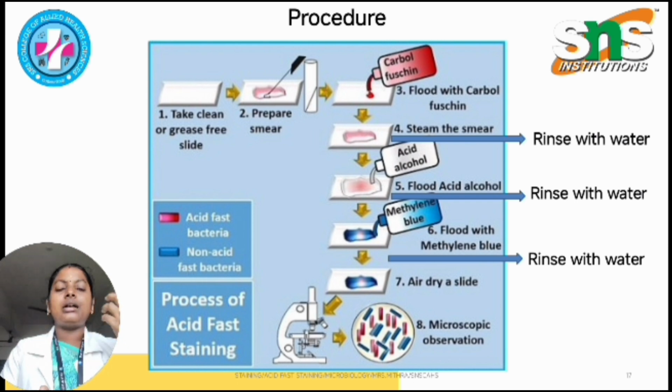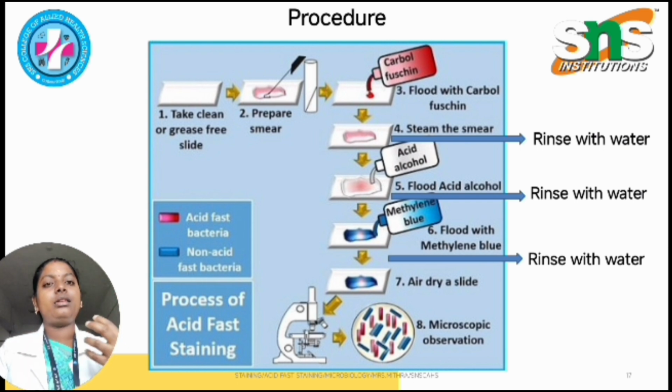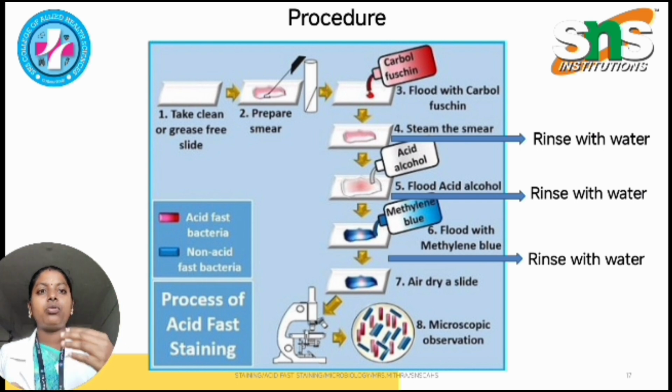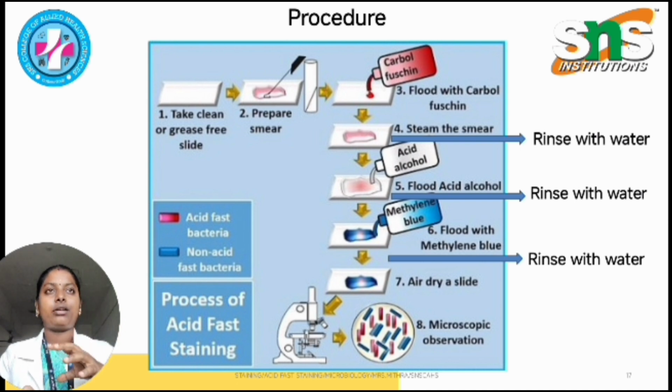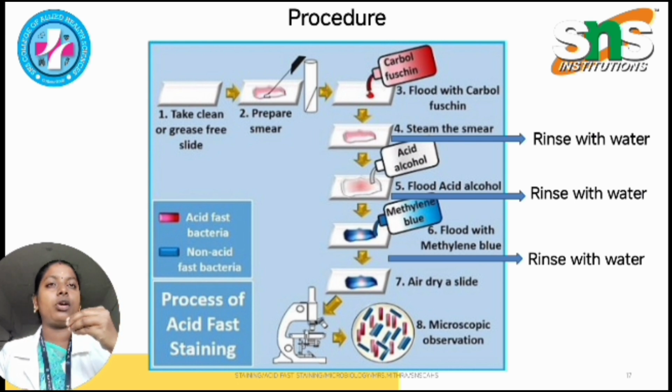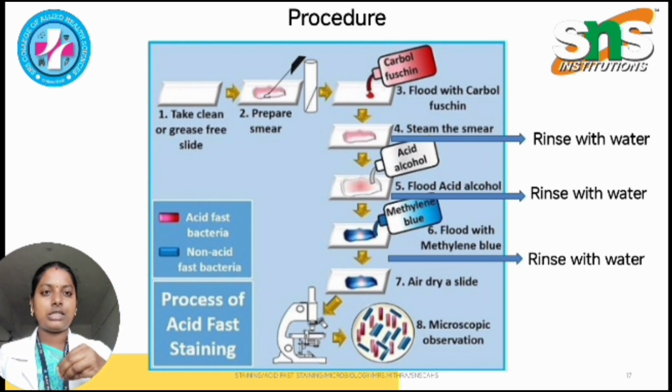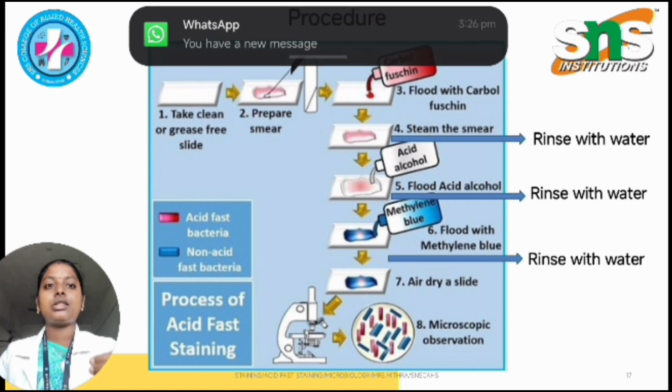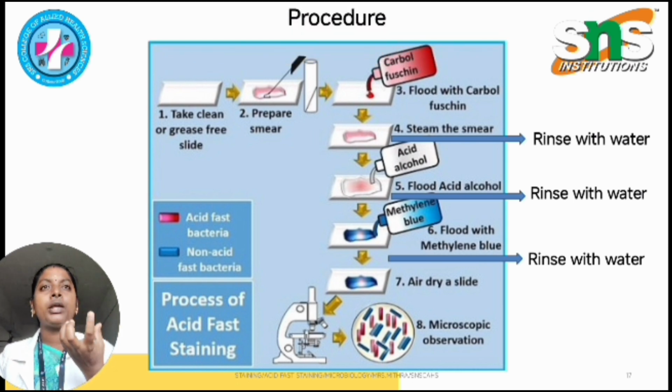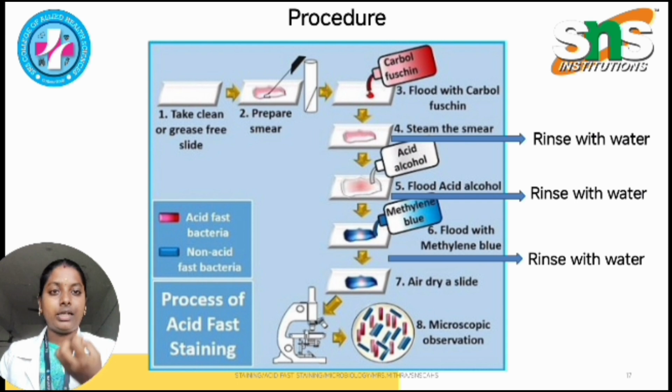After preparing the bacterial smear, we need to add the carbol fuchsin dye. We pour 1 or 2 drops of carbol fuchsin on that bacterial smear, and it goes for heat fixation, because the heat fixation process helps the bacteria to absorb all the carbol fuchsin color in its cell wall.